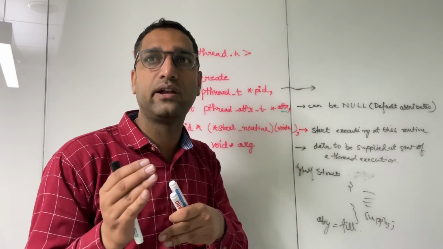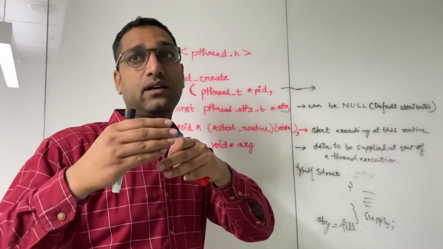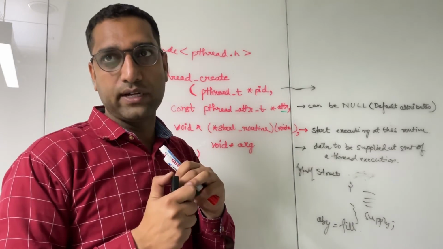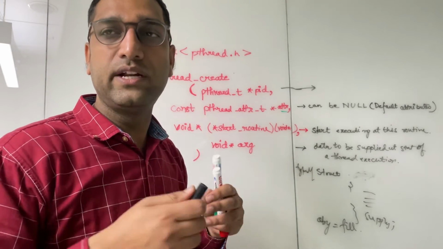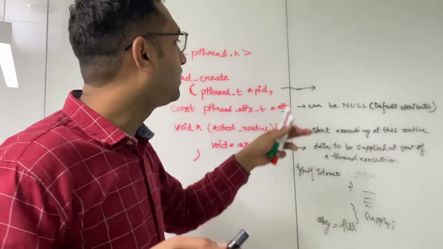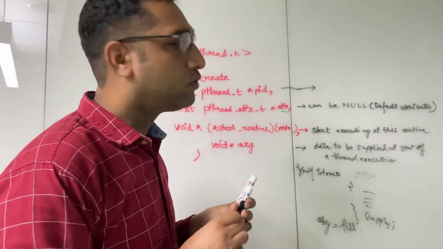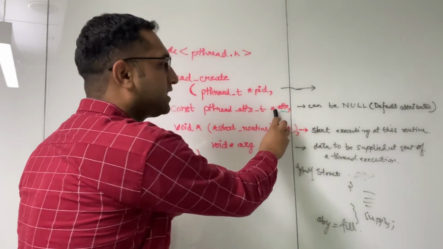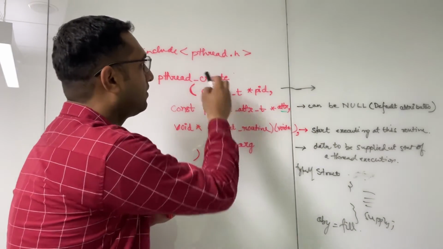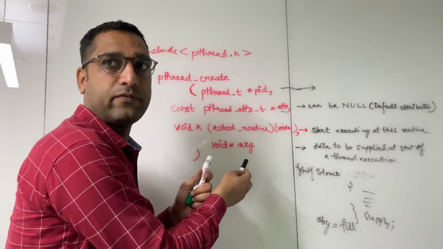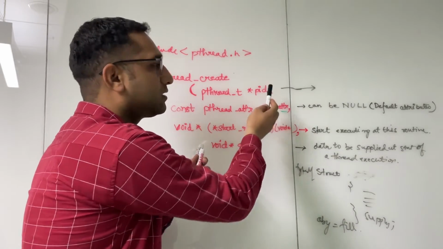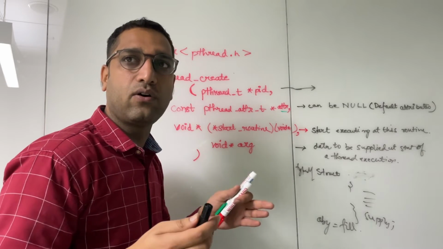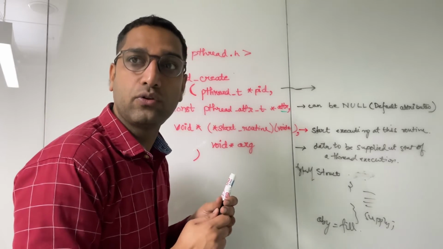Like if one thread wants to destroy the other thread, for example, how would it do that? It would need something to point to that thread, and that is the thread's ID. So this is set when we are creating the thread, if the call is successful.